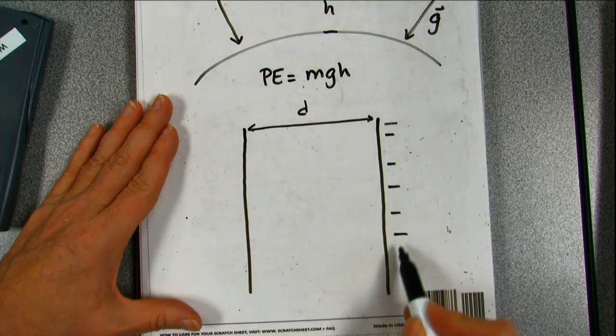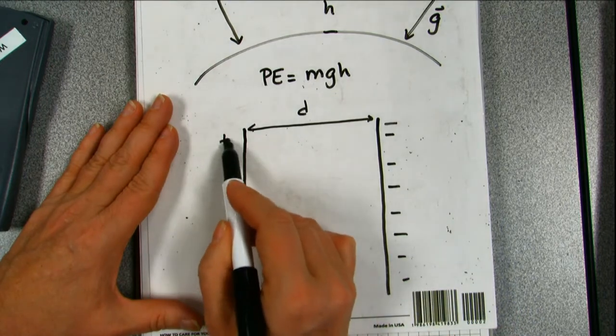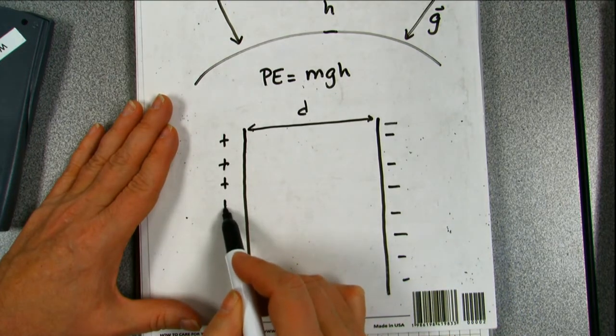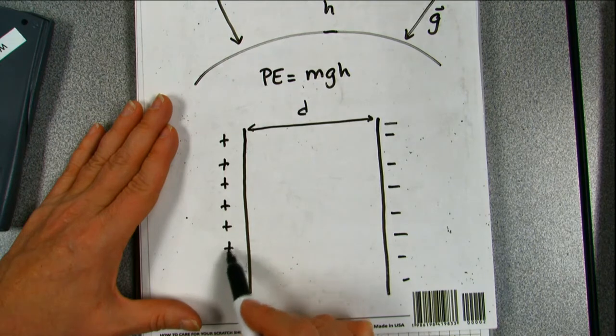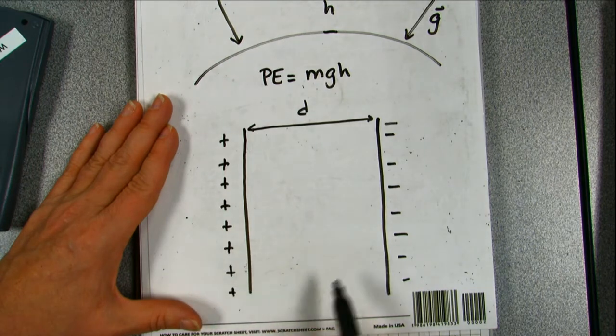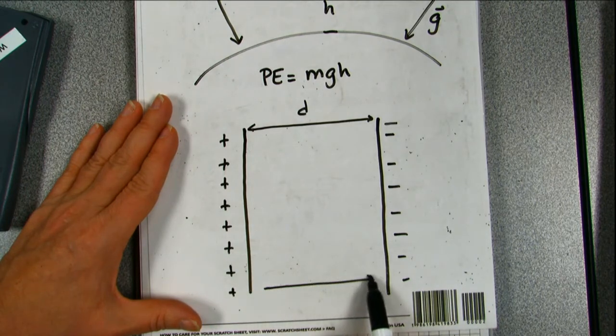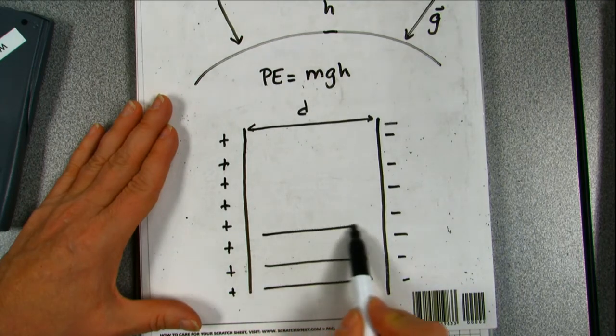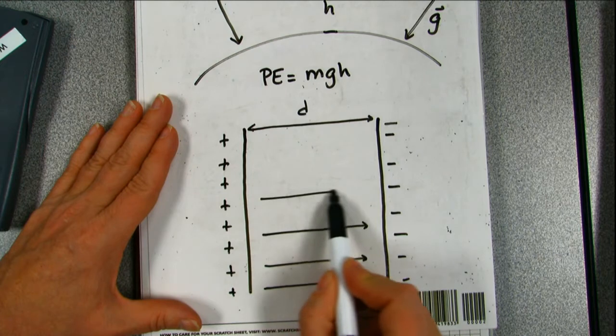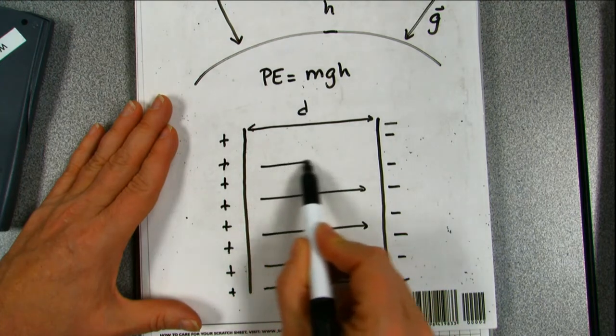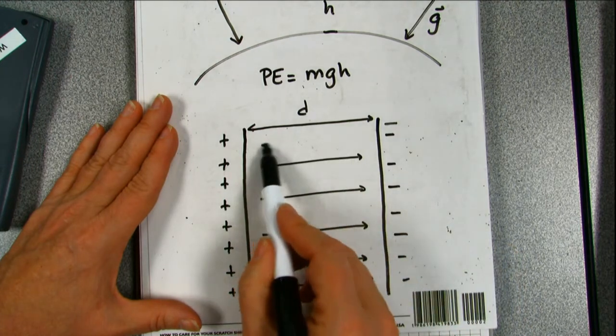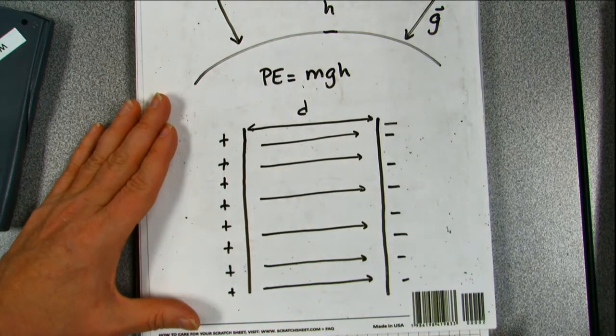And I've got a negative surface here, and I've got a positive surface here. And if we looked at this, we know, because we've actually measured it in the lab even, that I've got a uniform electric field between these two plates. I've got my uniform electric field.